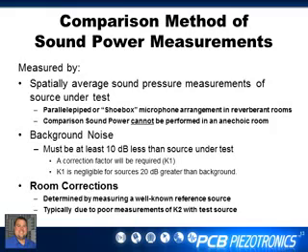It decreases your accuracy just a little bit. However, it allows you to measure sound power of sources that you wouldn't typically be able to in a reverberant room. The room corrections are the big change here.